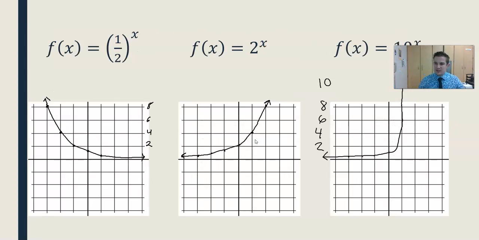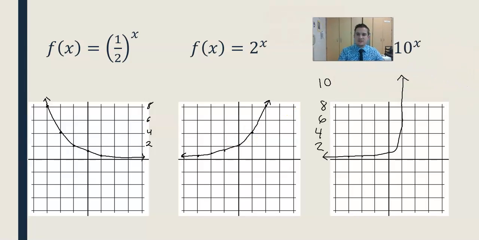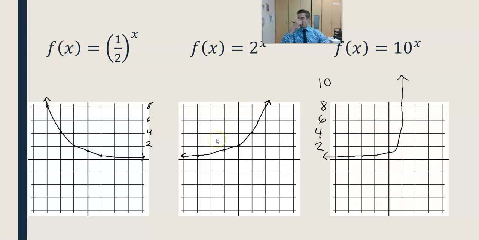So if I were to transfer the information from that last slide onto here, I have f of x equals 1/2 to the x power, f of x equals 2 to the x power, and f of x equals 10 to the x power. You noticed on that previous slide I had the points -3, 8, -2, 4, -1, 2, and then 0, 1, etc. So it kind of starts off really high and ends off really low.